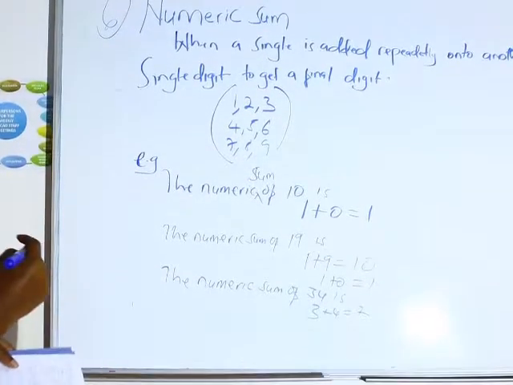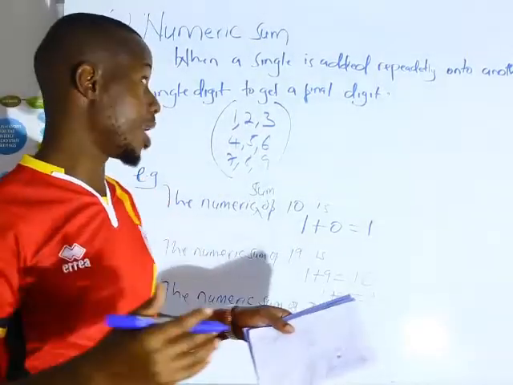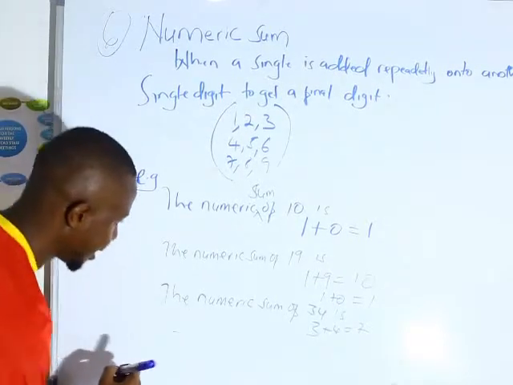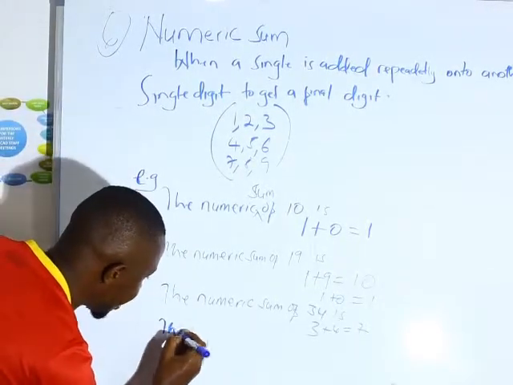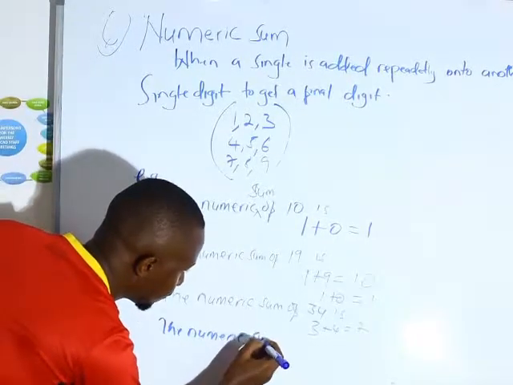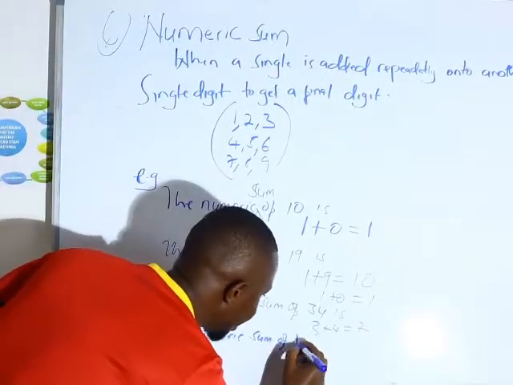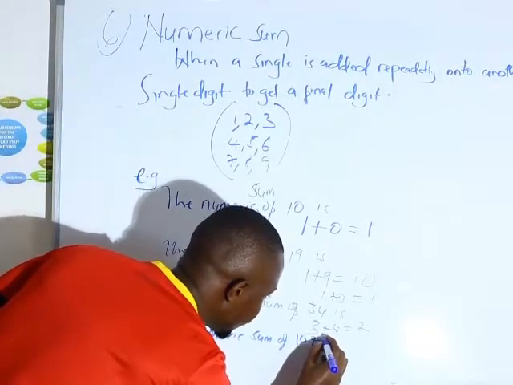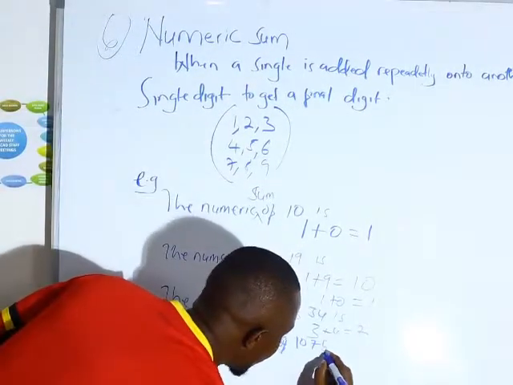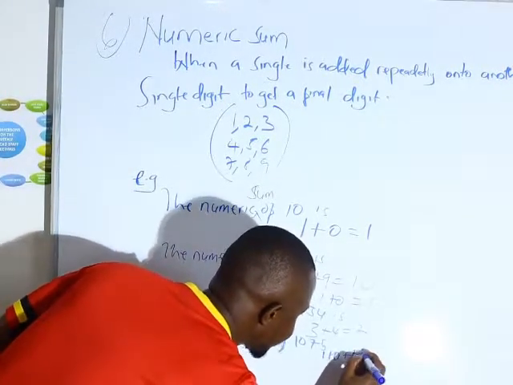So let us find the numeric sum of a number which is somewhat bigger. We find the numeric sum of 1075, which is 1 plus 0 plus 7 plus 5.